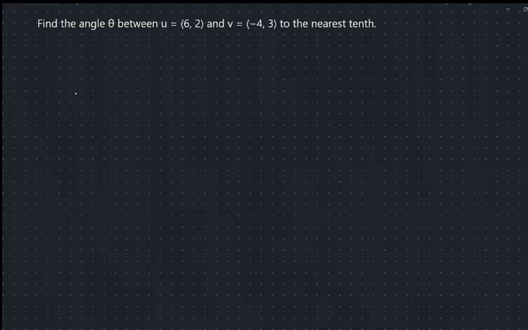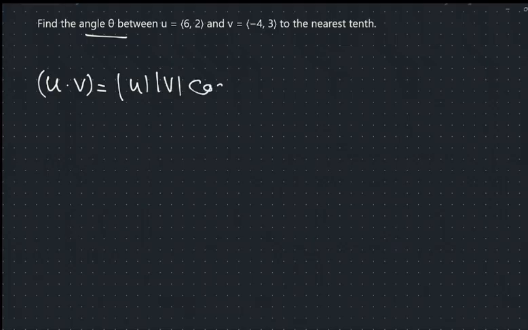Let's move to this question, which I personally find more interesting. So let's find an angle theta between two vectors. One is u and the other is v, and calculate it to the nearest tenth of a degree. So let me remind you of the dot product. The dot product is u dot v, and it's equal to the magnitude of u times the magnitude of v times cosine the angle theta.